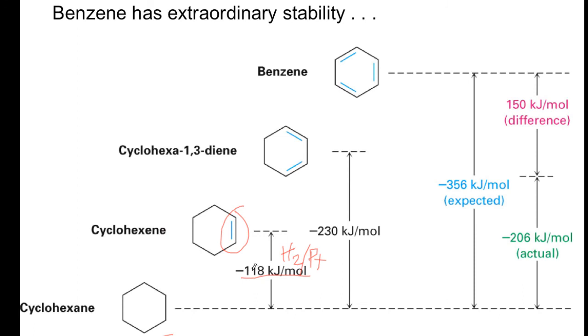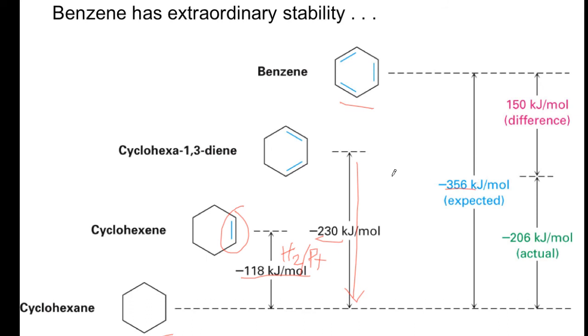Twice as much as 118 is 236, and in fact it's very close to that amount of energy that is given off when you hydrogenate cyclohexa-1,3-diene. Here you have 2 pi bonds, and it gives off almost twice as much energy as hydrogenating 1 pi bond would. So if you follow the same analogy, you'd expect benzene, with its 3 pi bonds, to give off 3 times as much energy. Negative 356 kilojoules per mole would be expected.